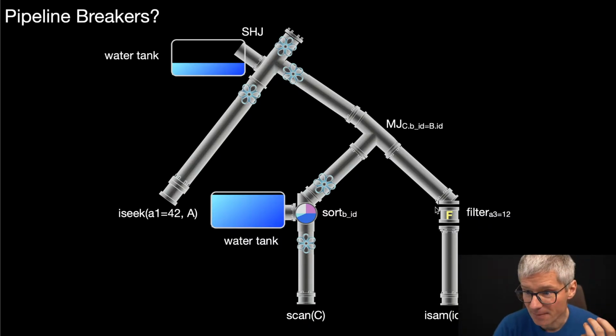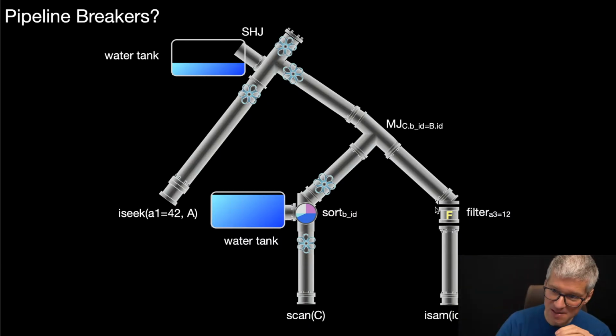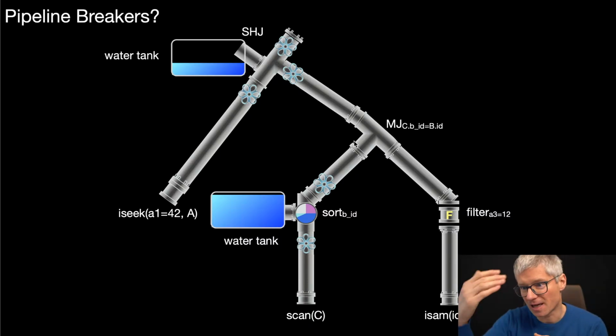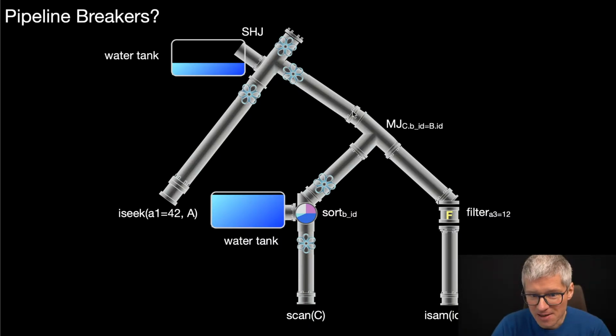At no point in time is there a need to buffer or store more than one tuple in a filter. Once the tuple arrives from underneath, you inspect it, and if it doesn't qualify the filter predicate, you throw it away, you ignore it. If it qualifies, you pass it on to the next operation on top. So there's no need here to buffer elements.